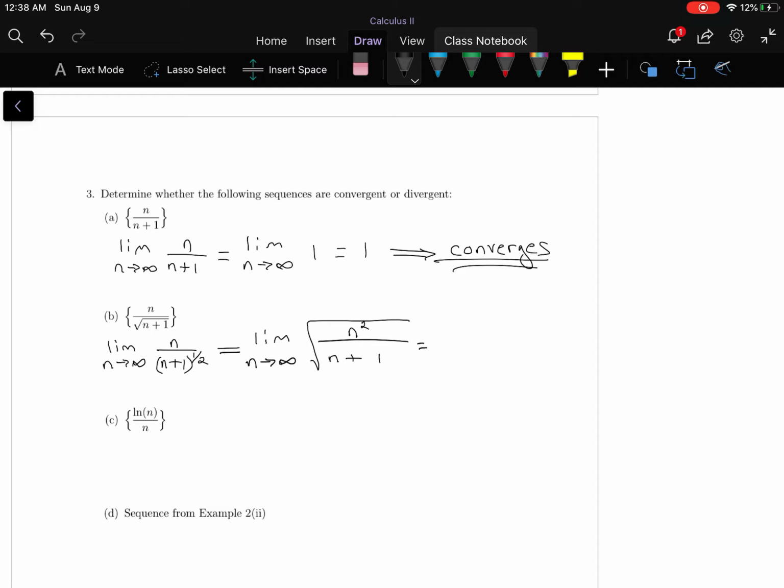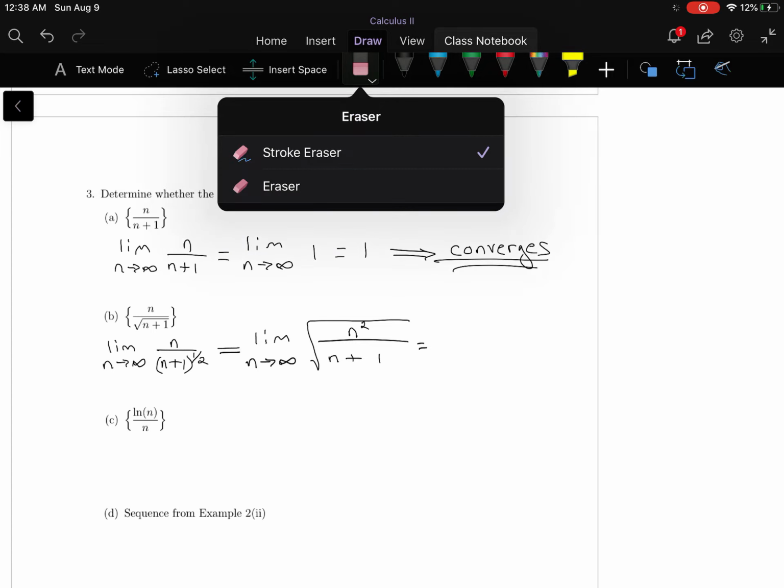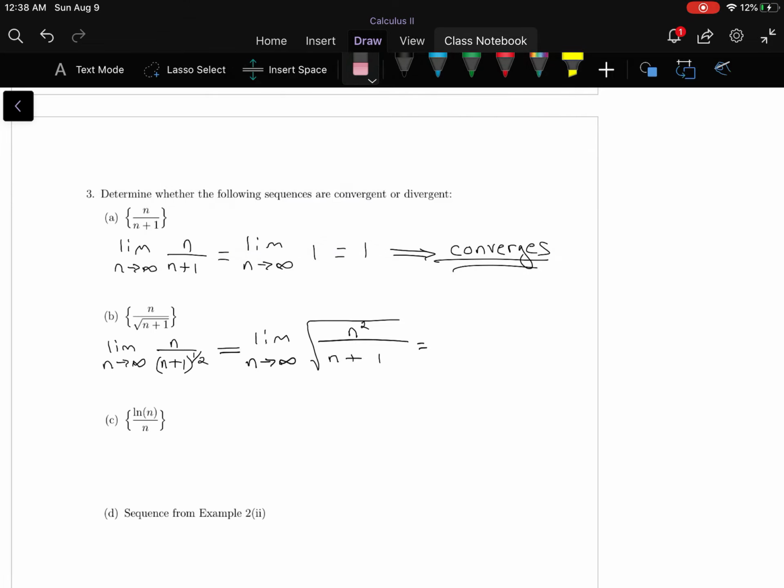If I multiply the top and bottom by 1 over n squared, so essentially I'm multiplying by 1, that gives us the limit as n goes to infinity of the square root.